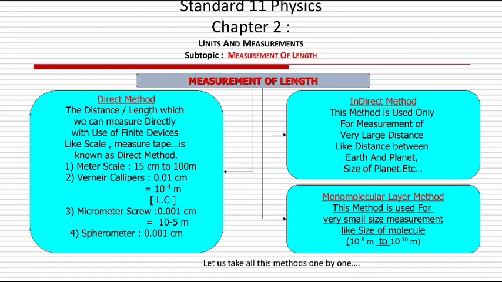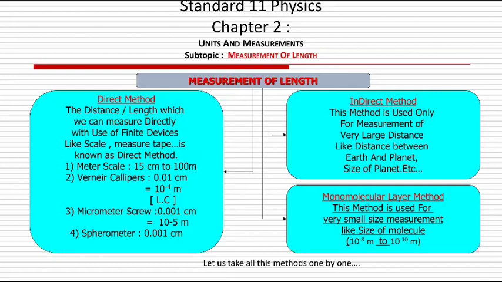Now the indirect method. The indirect method is used only for measurement of very large distances, like the distance between Earth and a planet. So with the indirect method, we can find all these large distances.